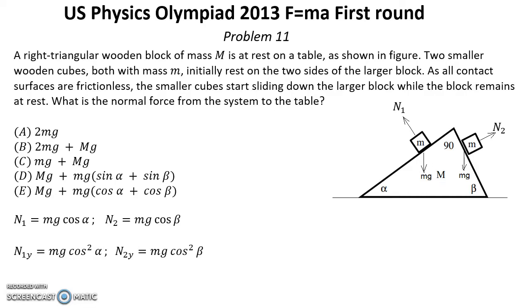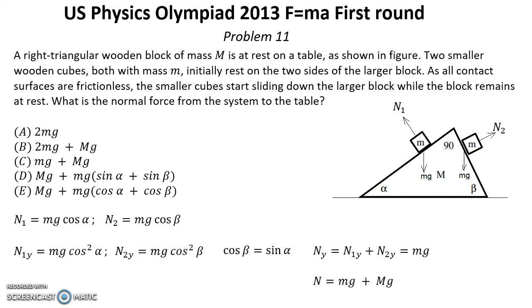But because we have a right triangle, we have cosine beta equals sine alpha. It means that the total force from two blocks on this triangle block in vertical direction equal just mg.